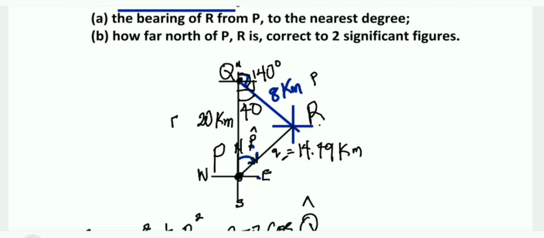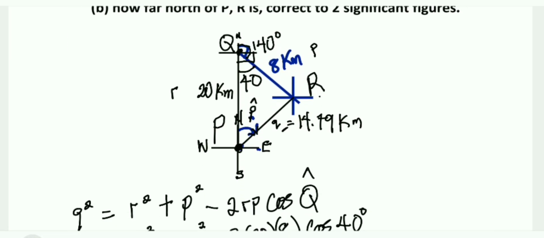How far north of P R is. Let's go to the diagram again. That means you need to go to P and then continue to go northward of P until you get to where R is.